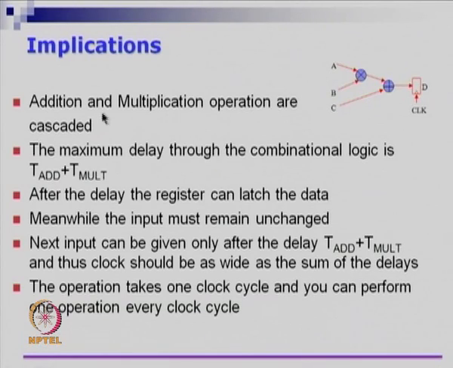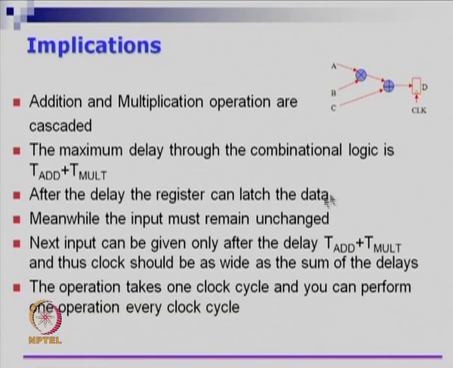So the implications are that addition and multiplication are cascaded, because we have one combinational blob followed by another combinational blob. So we have those two cascaded, and if I want to look at the rate at which I can give these inputs, this is from global inputs to flip flop. So this is input to flip flop. The longest path in that will be through the multiplier and the adder. So the maximum delay through this combinational logic is propagation delay of addition plus propagation delay of multiplication.